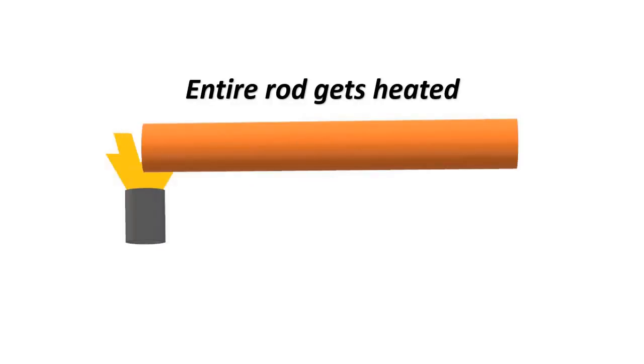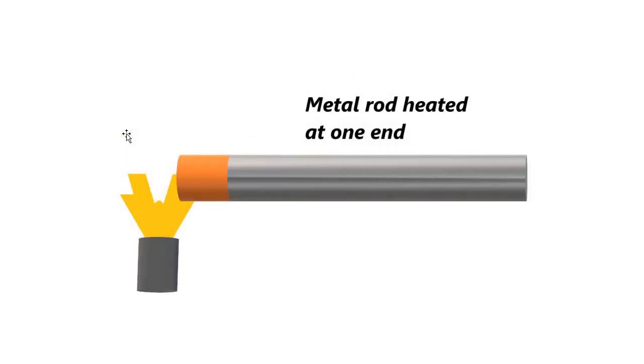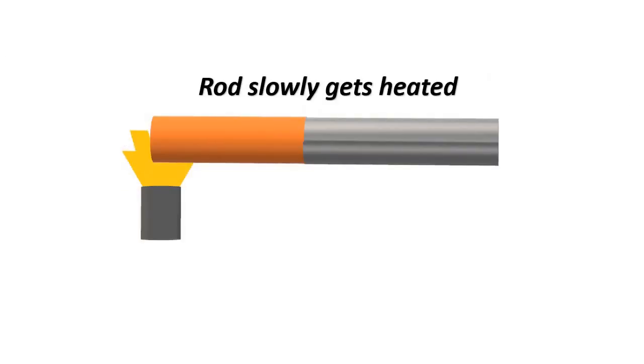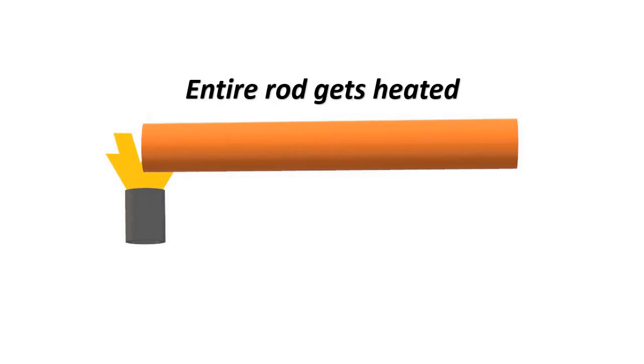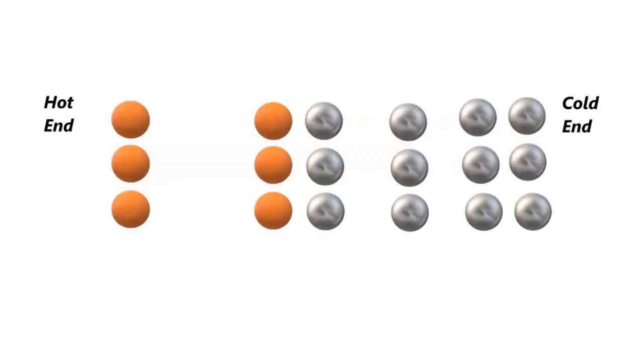Okay, the heat energy starts from one end and slowly progresses from one end to the other, and it is all through transfer of the total kinetic energy, which is the sum total of translational, rotational and vibrational kinetic energy.